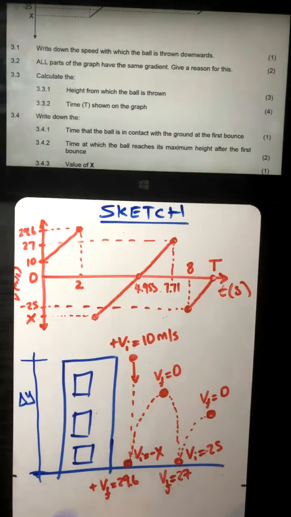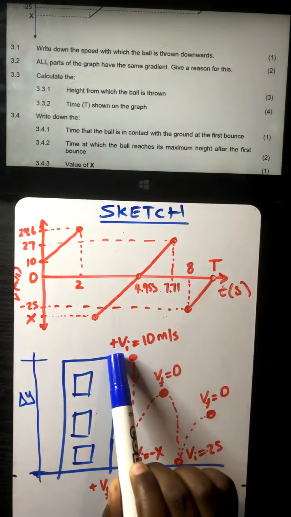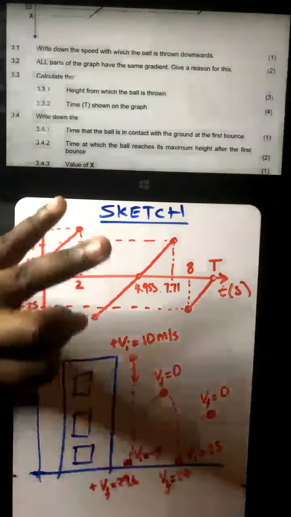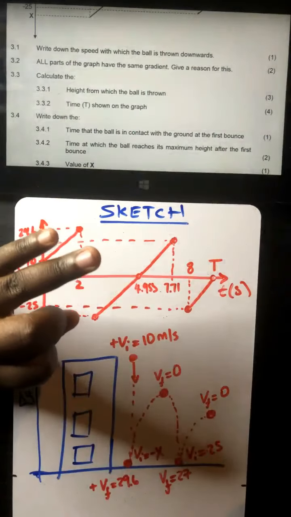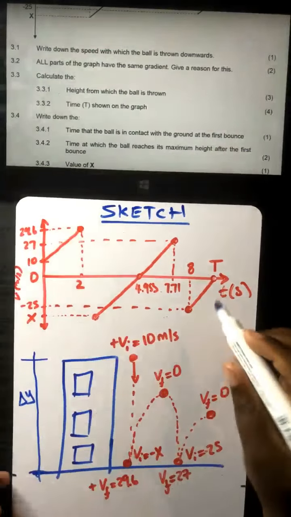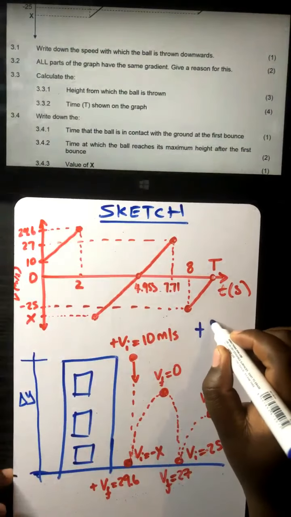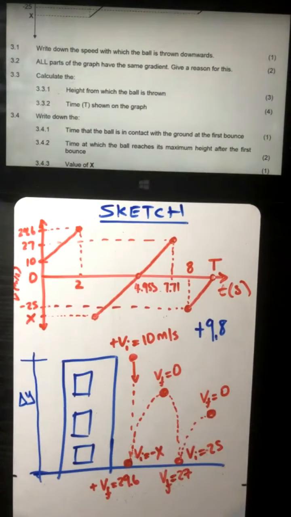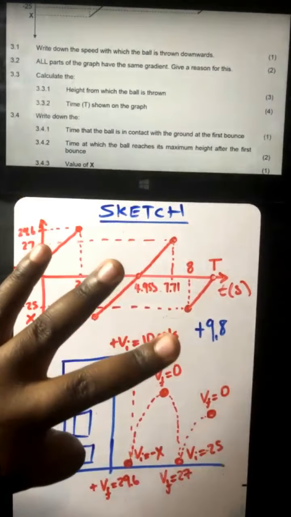So before we go to the formula sheet, let's check what information we've got. We obviously know the V initial. We obviously know the V final. So this is the second quantity that we know. We also know, ladies and gentlemen, that we've got a positive G, which is 9.8, which makes the third piece of information that we have.